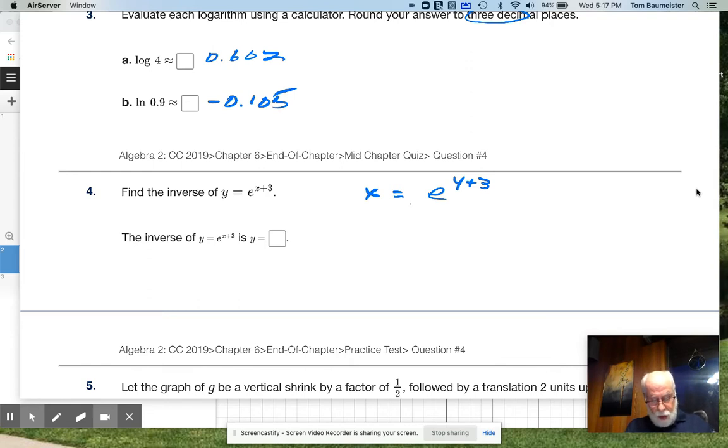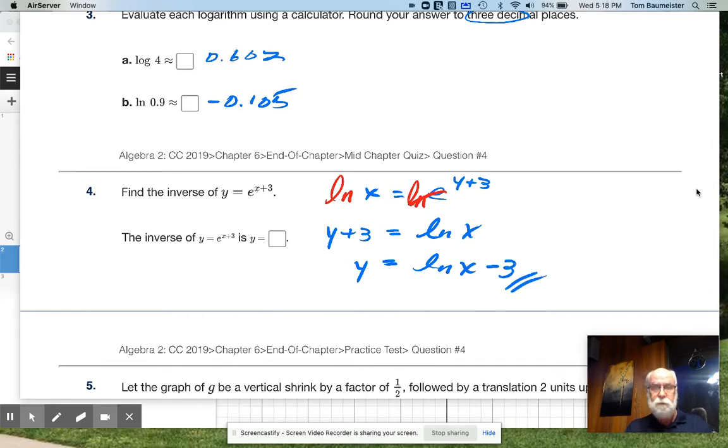So if I take an ln on both sides, because that was our definition, those two are going to go away. And that side is just going to become y plus 3 is equal to the natural log of x. And to get y by itself, I'll have the natural log of x minus 3. Okay?